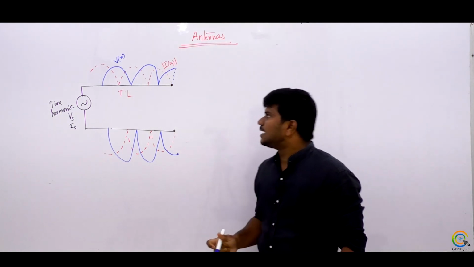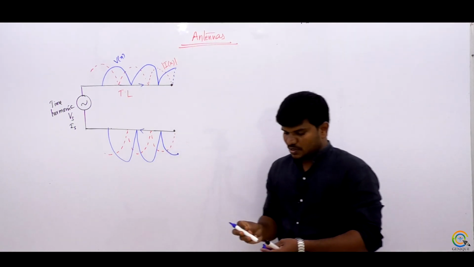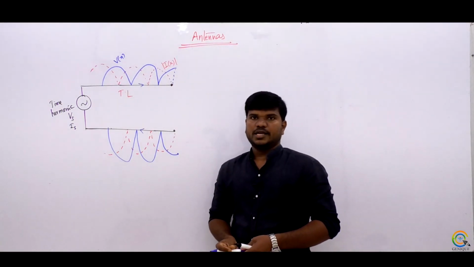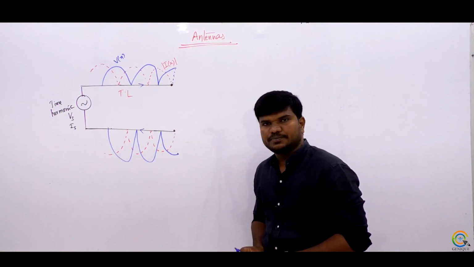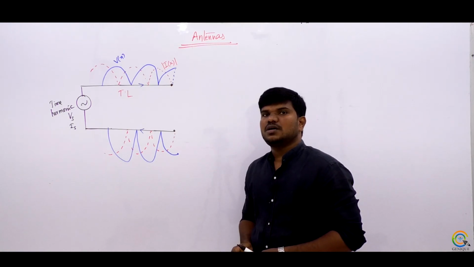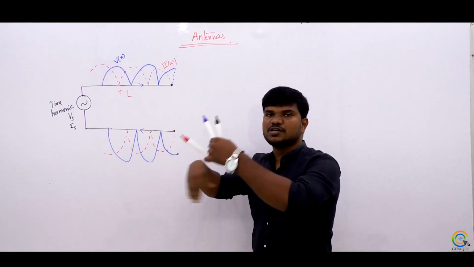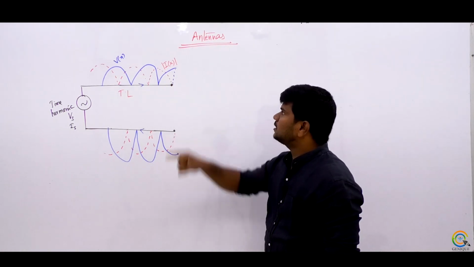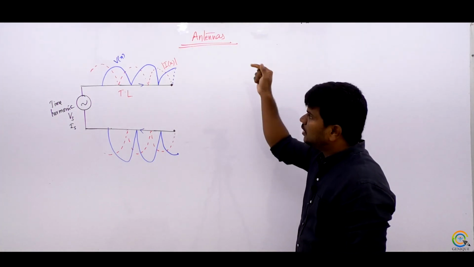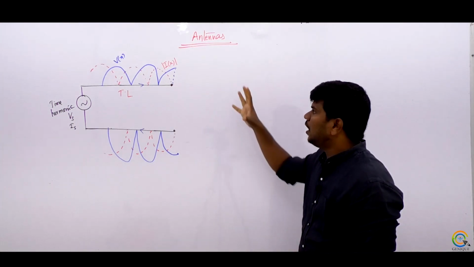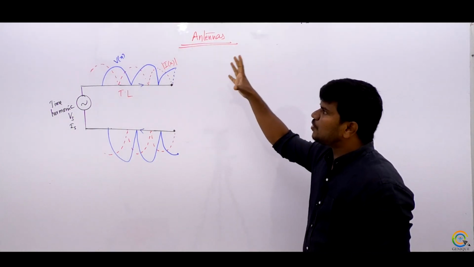And you should go to the basics: here there exists a current like this, a current like this. If there exists a voltage which is harmonic in nature, there exists an electric field because of that voltage. If there exists a current wave, there exists a magnetic field around this line. So it is the origin of the EM wave.